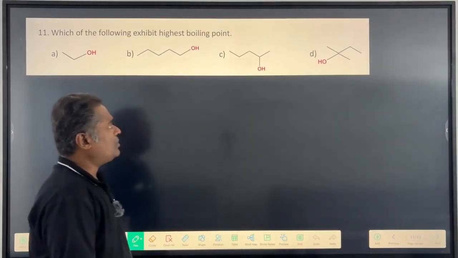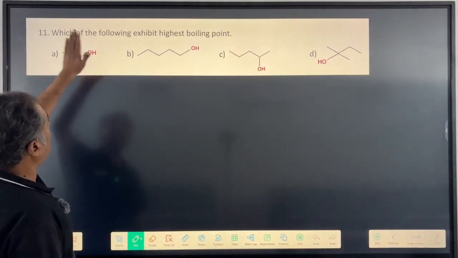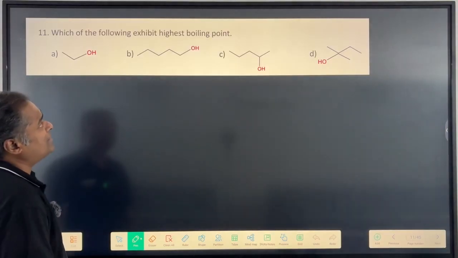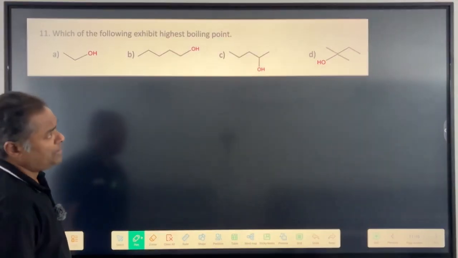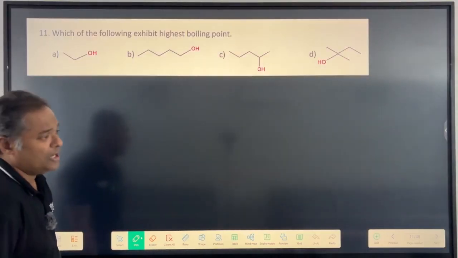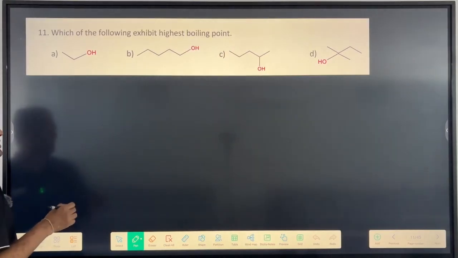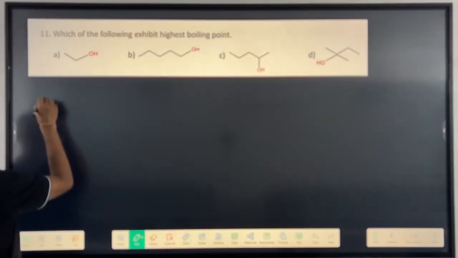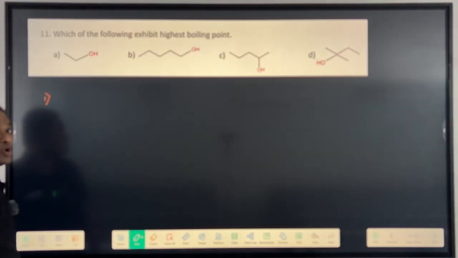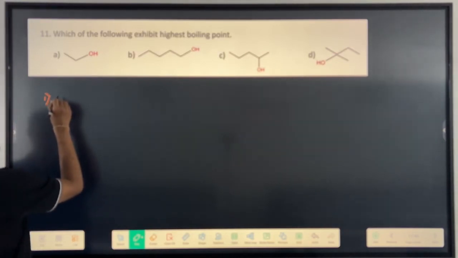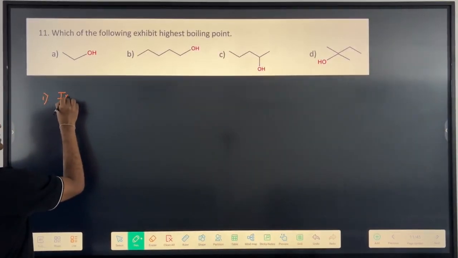Now, on the screen, child, the next question is, which of the following exhibits the highest boiling point? Basically, child, boiling point depends upon some parameters. The first parameter is based on intermolecular forces.